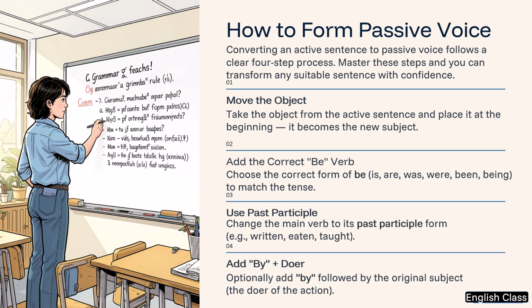Do you see that it's optional? Sometimes you may not even need the by and the doer. You just leave it to flow with the three earlier steps. But if the doer is needed, then you add the fourth step, which is adding by and the doer of the action. I hope you're getting it.